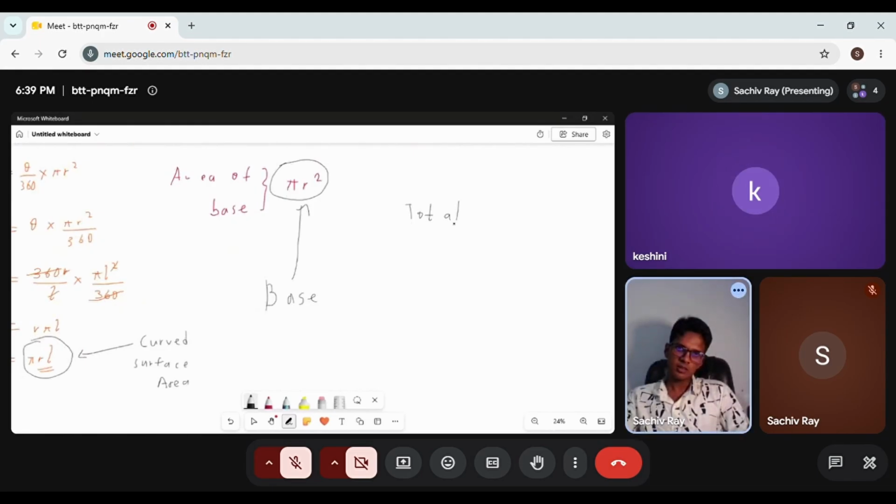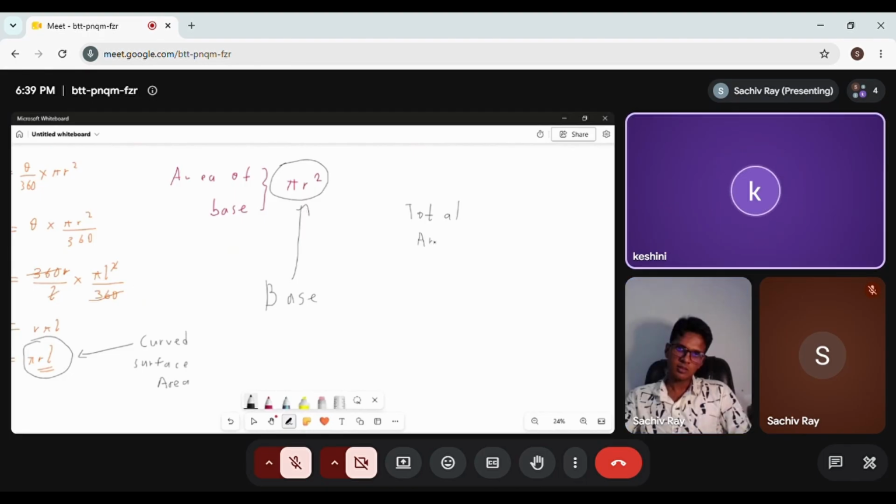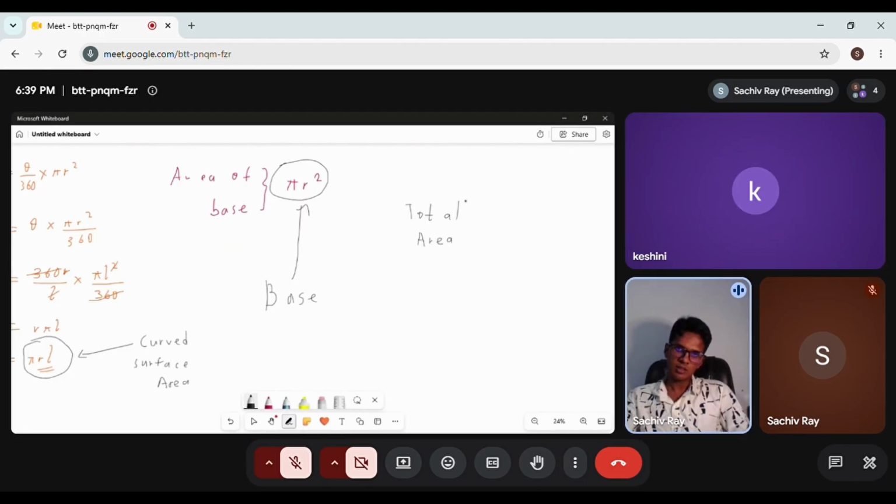Easy, right? If anything is confusing, ask, because we don't have time to look at it later. Now itself, if you ask, it will be better.